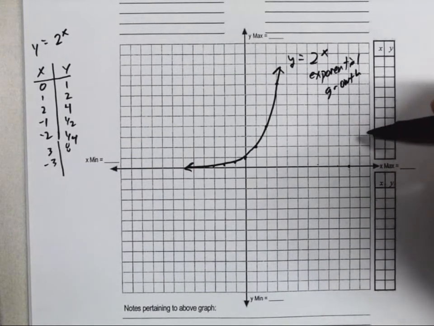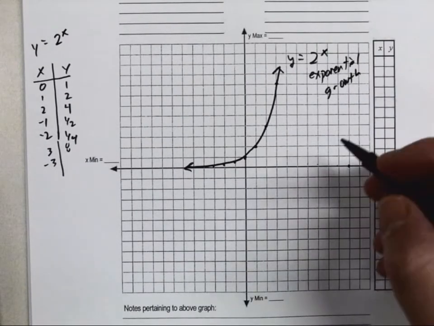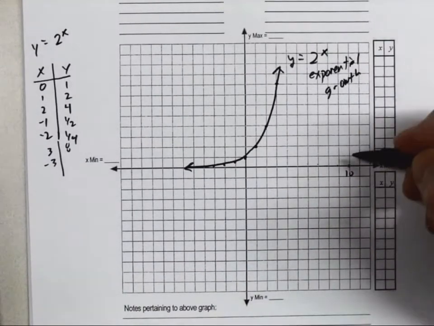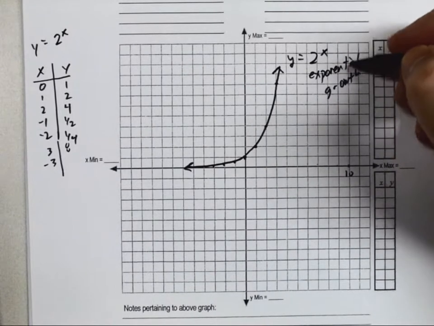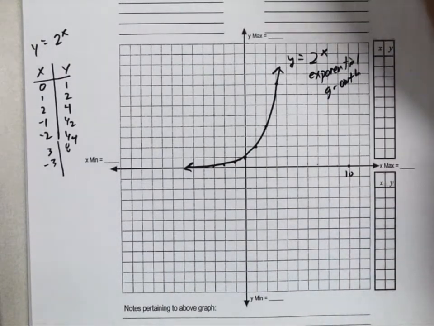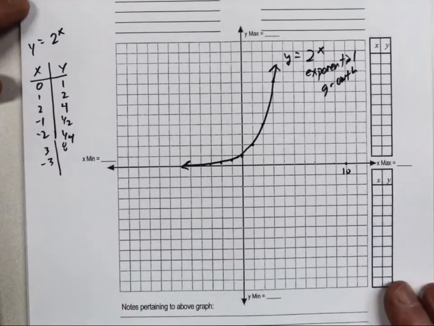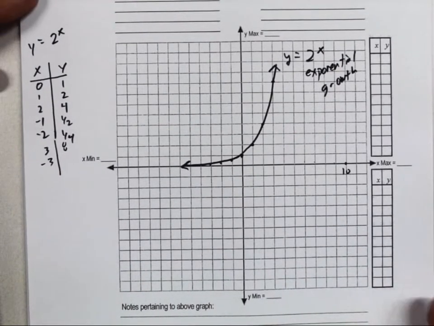That means I'd have to count over 1,000 little squares. X is 10 right here, and I have to go up to over 1,000, which means this thing has gotten really high up, really fast. That's called exponential growth.